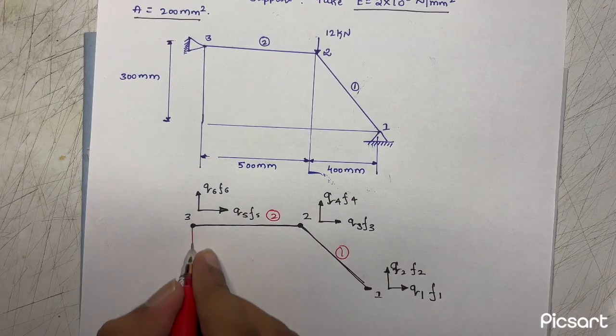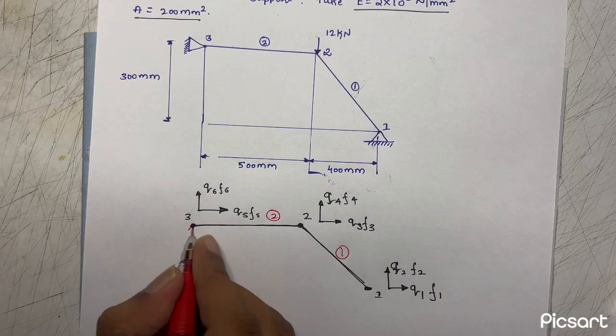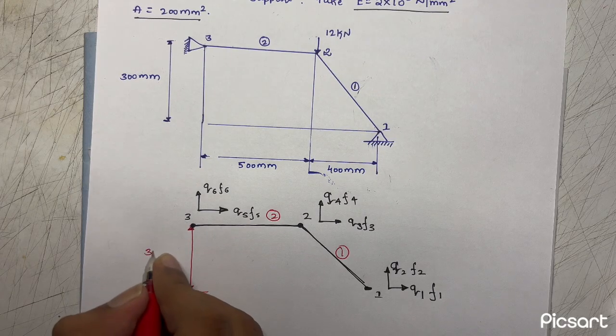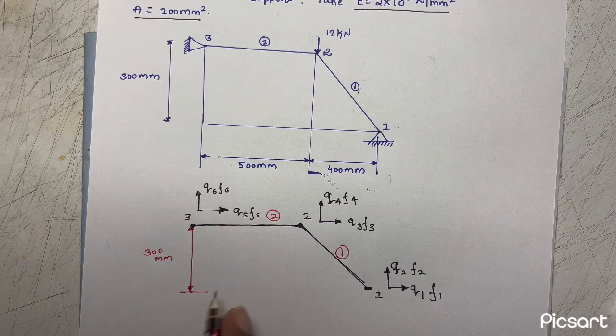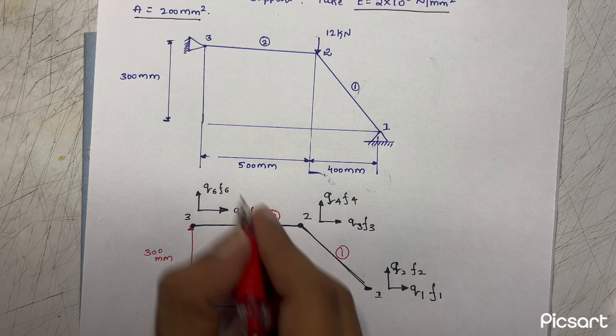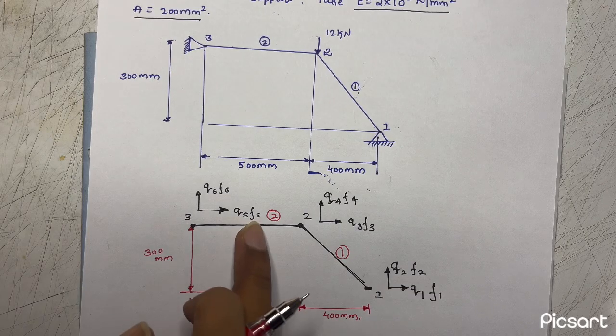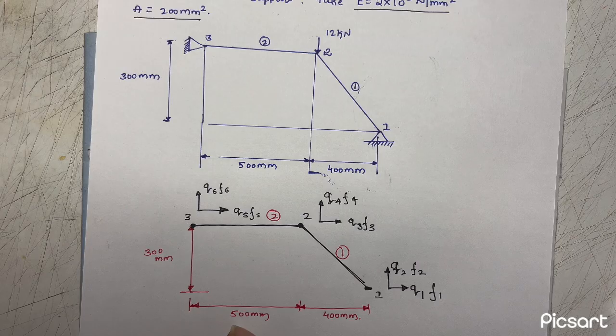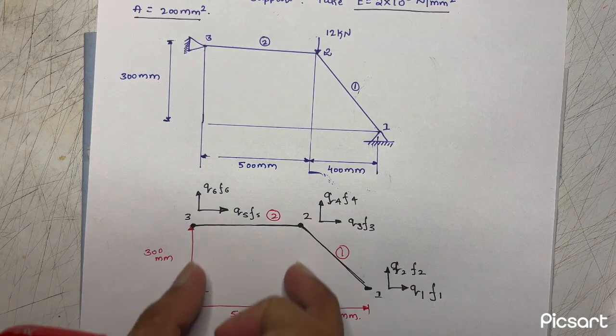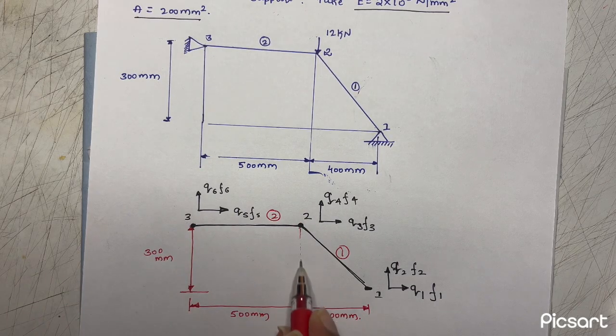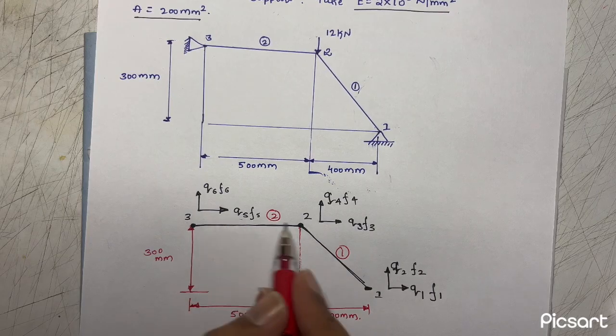Here we have the vertical distance as 300 mm, and from this point to this point, as per the diagram we have 500 mm, and from here to node 1 that is 400 mm. Now the length of second element is 500 mm.